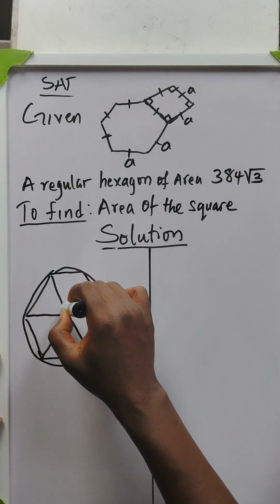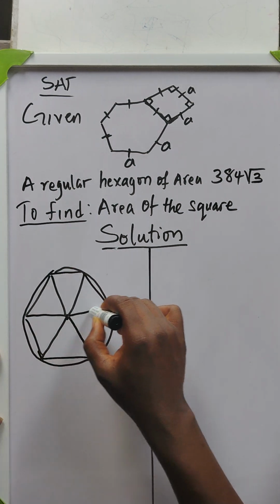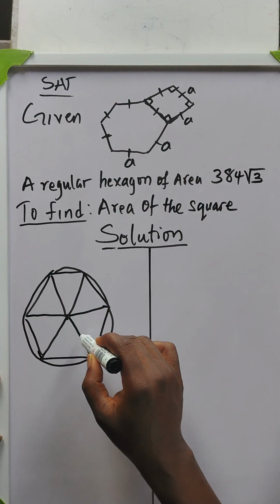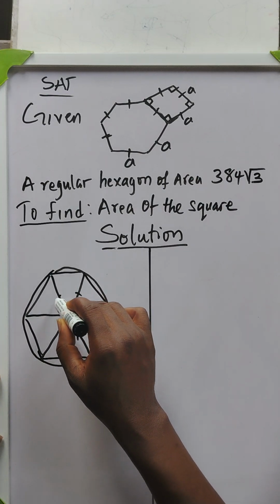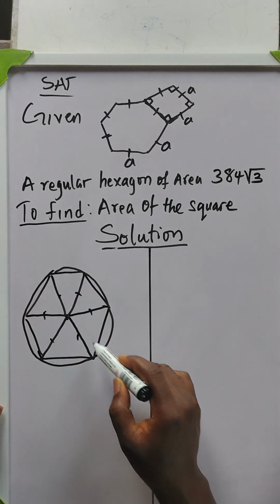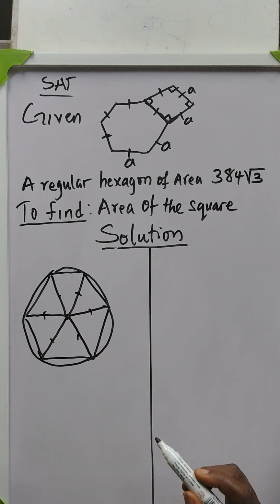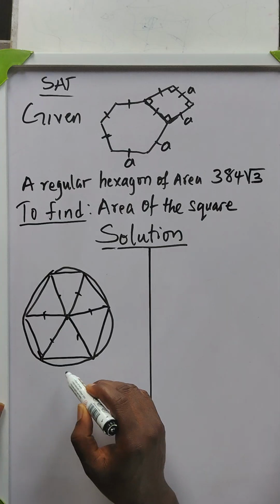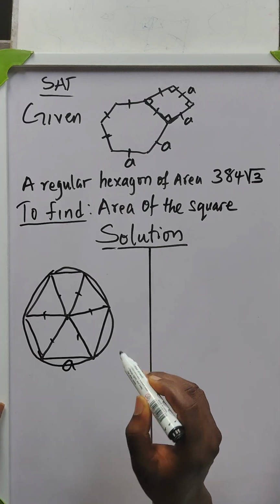Notice that this will be true for all hexagons. Since these sides are all radii, the triangles, because they have the same radius, are equilateral for now. So we know that this side is A from the question.